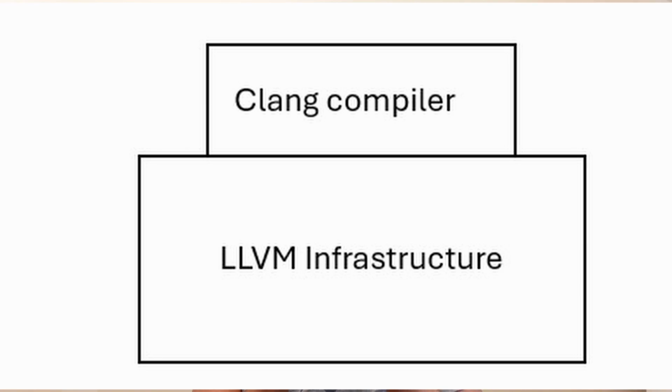But in the case of Clang, it is possible. That is because it is built on the LLVM infrastructure. If you want to know more about LLVM, LLVM itself is a different topic. Clang is basically built upon LLVM infrastructure.